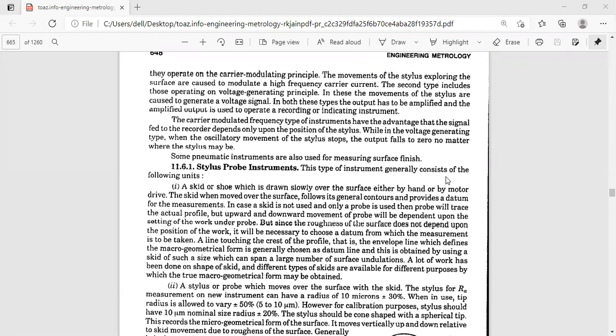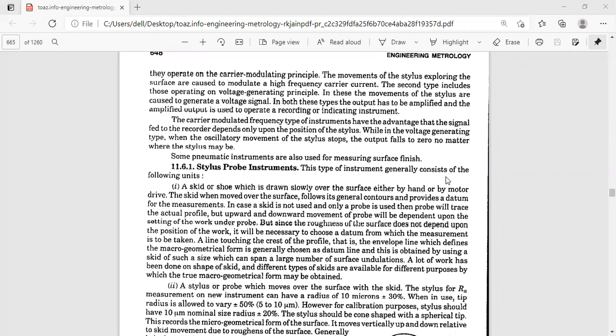So the force will be a product of the radius of the tip into some 5 grams or 10 grams, just like torque is a function of force into radius when you are discussing dynamometers. I don't know whether it's there in the instrumentation part. Previously, we used to conduct experiments regarding the lathe tool dynamometer, milling tool dynamometer, and drilling tool dynamometer in the machine tool lab, as far as the AU syllabus is concerned.